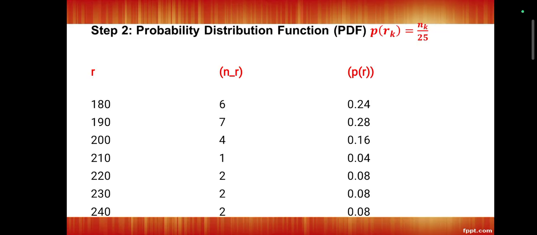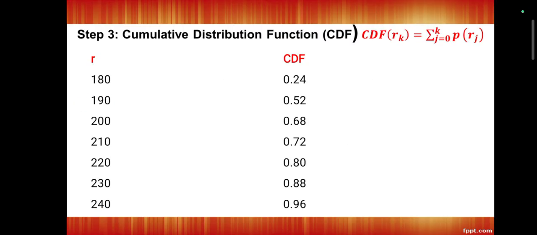So for the given values, P of rk is calculated using the formula nk divided by 25, and the cumulative distribution function, summation j equal to 0 to k of P of j, is calculated. For 180 it is 0.24. Each and every value is taken and finally this value will be 1.